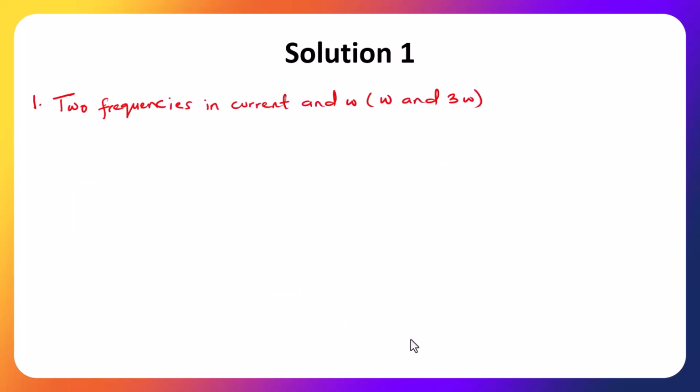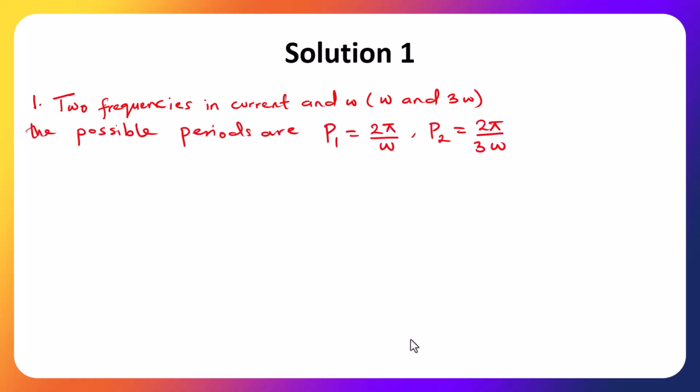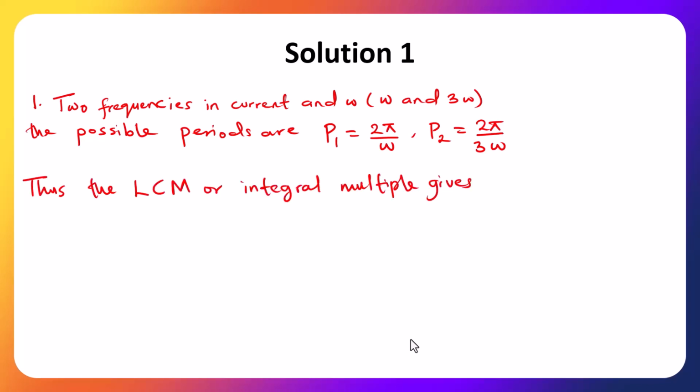So for the first one, the two frequencies in the current are omega and 3 omega. So the possible periods are P1 equals 2 pi over omega and P2 is equal to 2 pi over 3 omega.